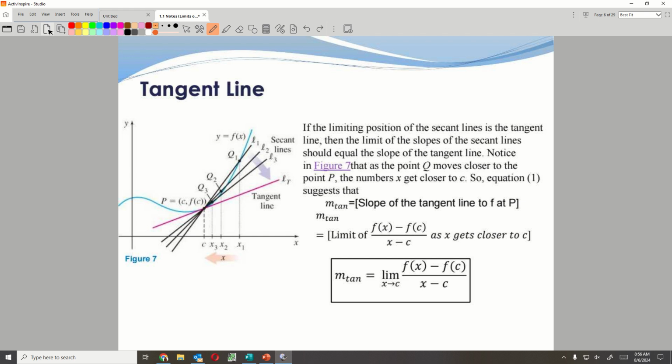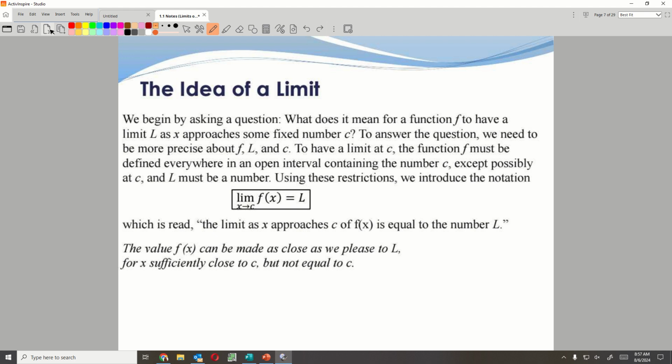Anyway, that formula right there is going to be important for this. As we keep referencing this, it is going to get more and more important. The idea of a limit, the whole big idea, is finding the limit where the distance in between the two numbers, which we'll eventually start referring to as delta.